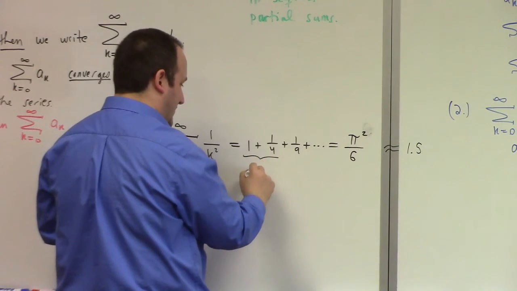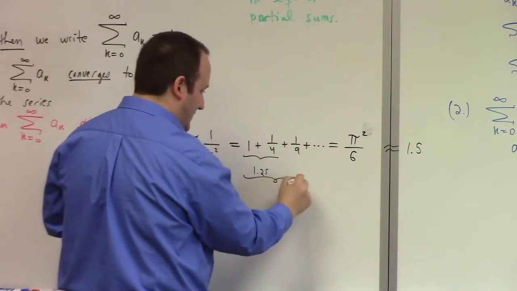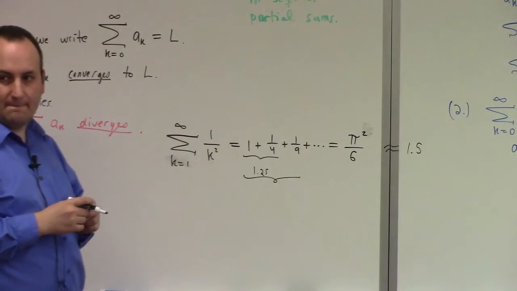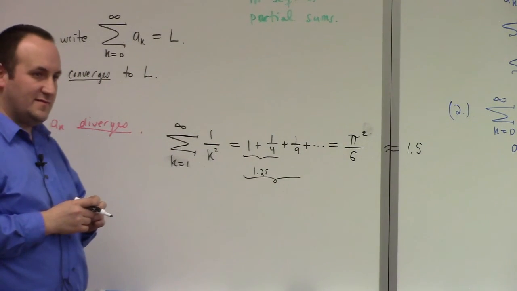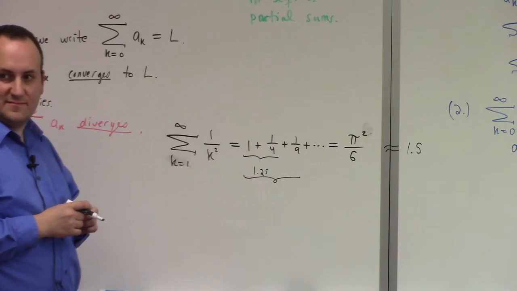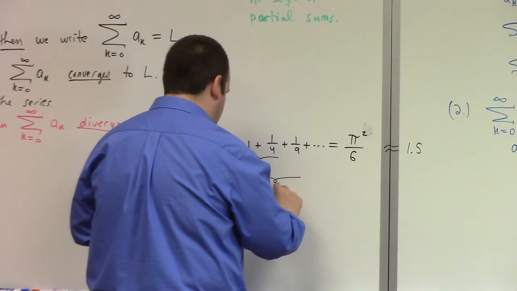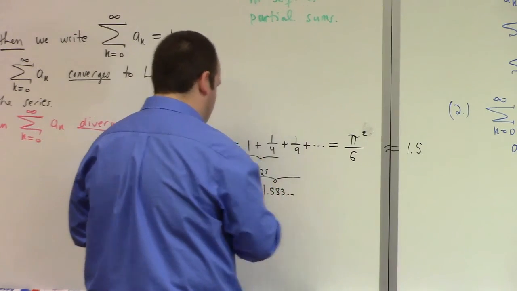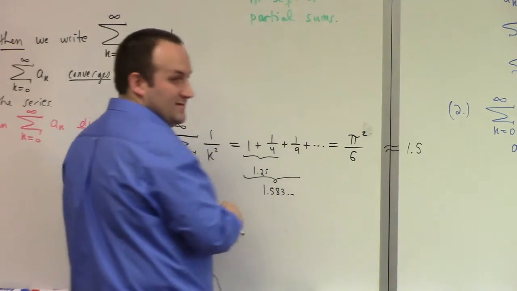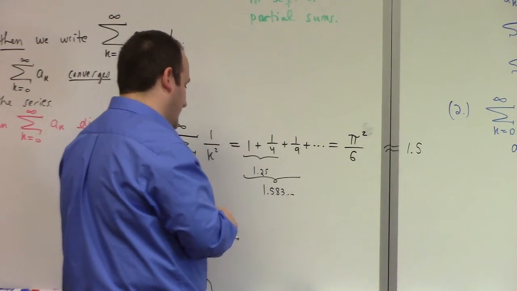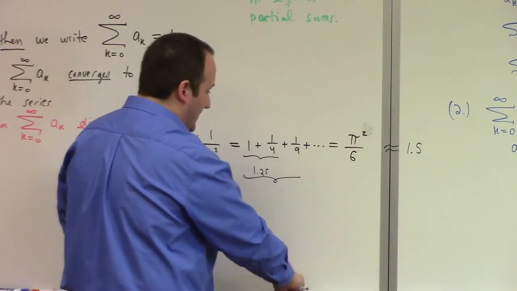So here's 1.25. What's that? 1.583. What do you say? Oh, you added a third, added a ninth. Anyway, you guys get the idea.